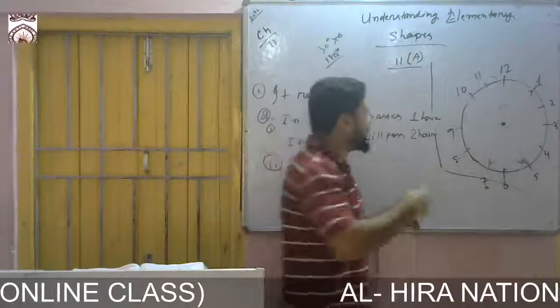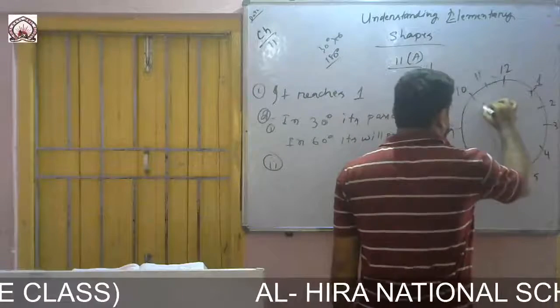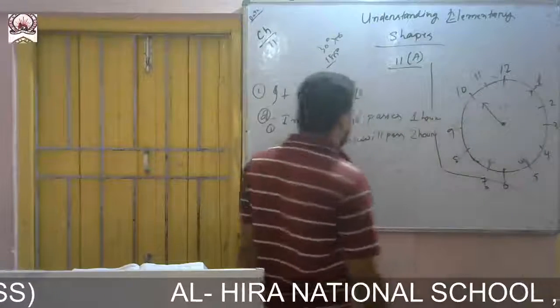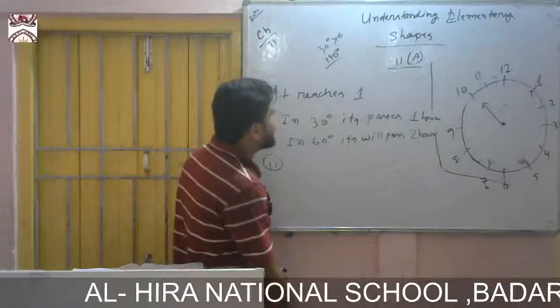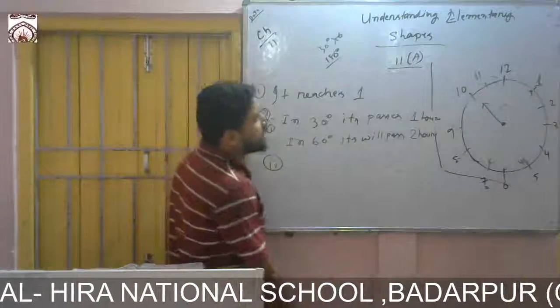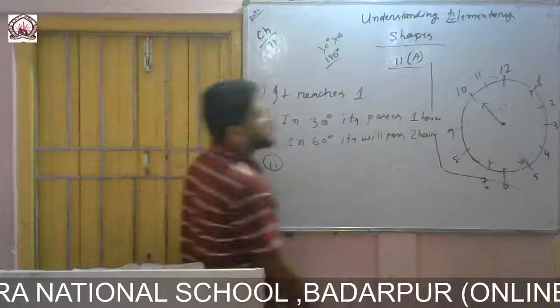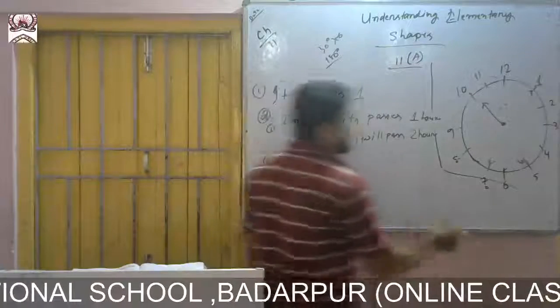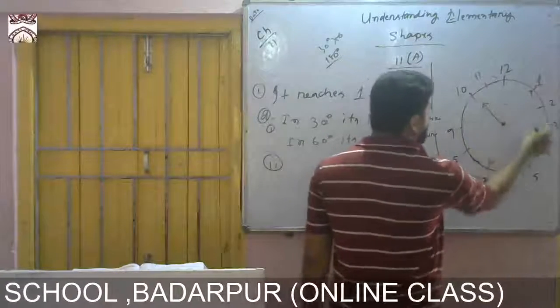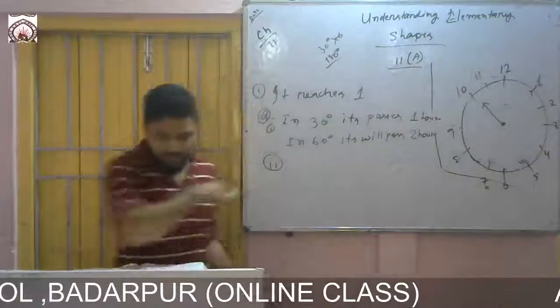From 10 it was at 10. Whenever it goes 180 degrees, it will pass 6 markings, that is 6 numbers. So 1 2 3 4 5 6.